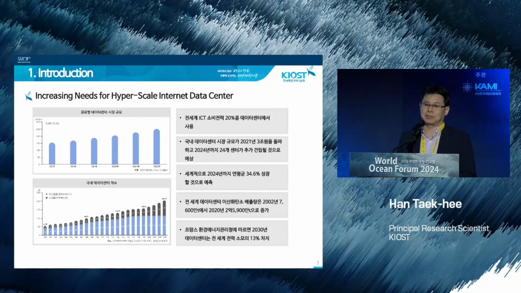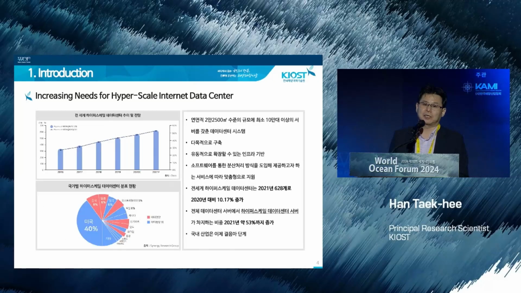And the carbon emission from these data centers is huge, as of 2020, it's more than 200 million tons per year. So we thought, as I said, maybe we need data centers that consume less energy and that emit less CO2.